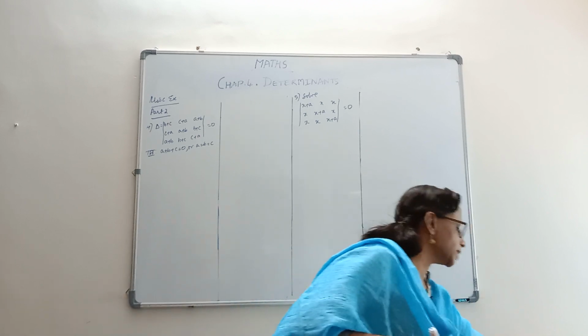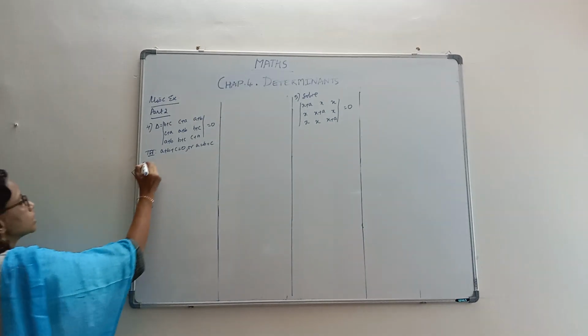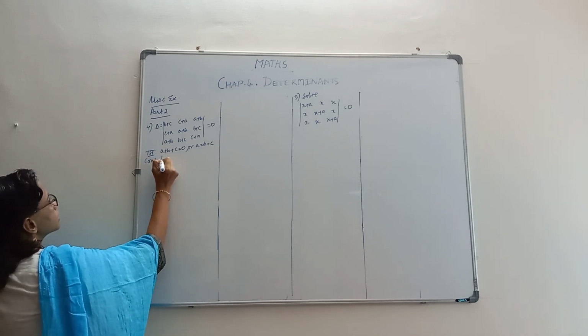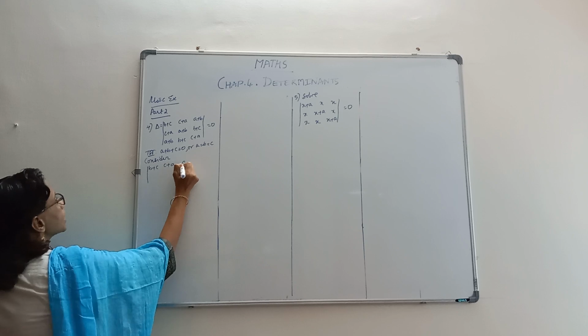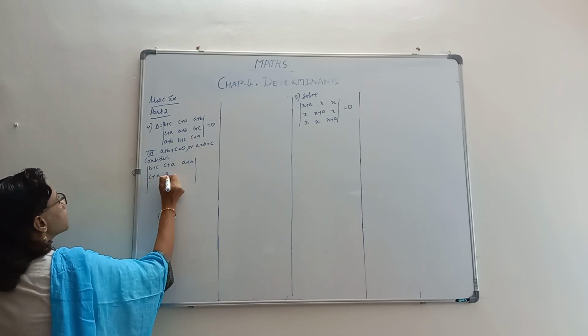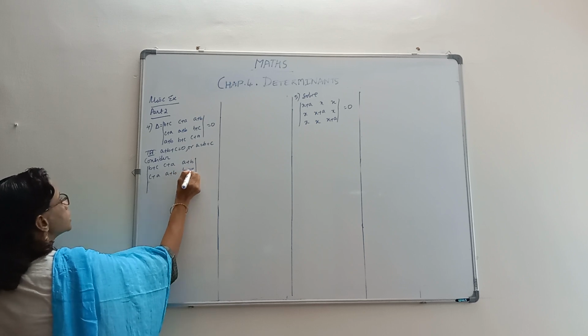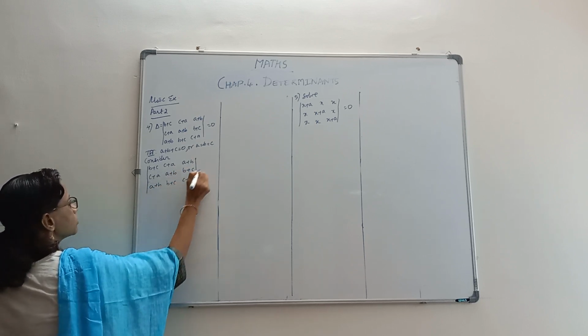Let's take the determinant and see how we can get this value. Let's consider this determinant: b plus c, c plus a, a plus b; c plus a, a plus b, b plus c; a plus b, b plus c, c plus a, equal to 0.